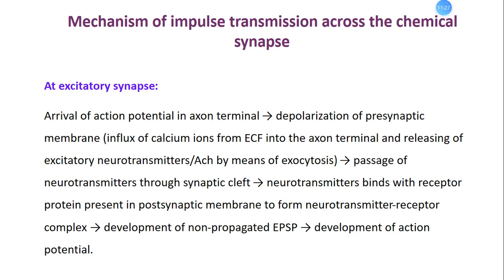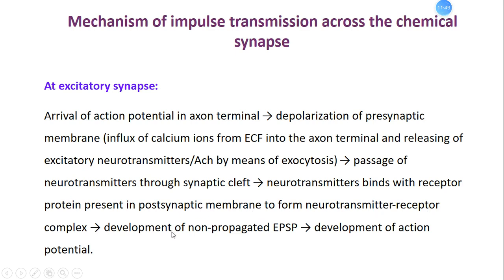Then there is passage of the neurotransmitters through the synaptic cleft, and these neurotransmitters will bind with corresponding receptor proteins present in the postsynaptic membrane to form a neurotransmitter-receptor complex.